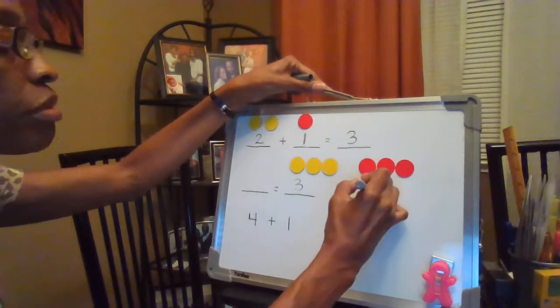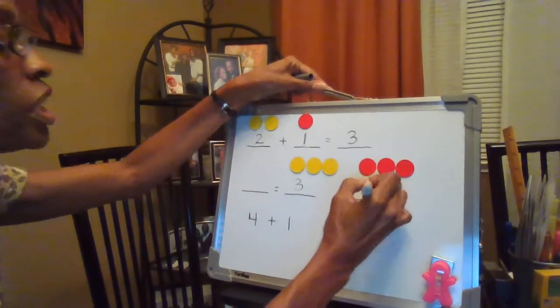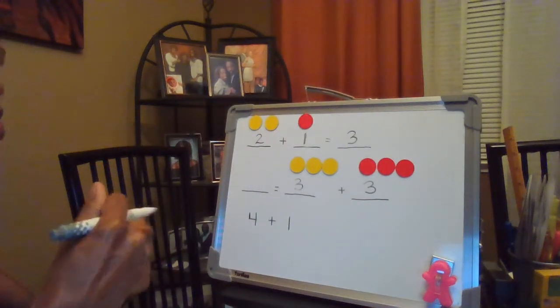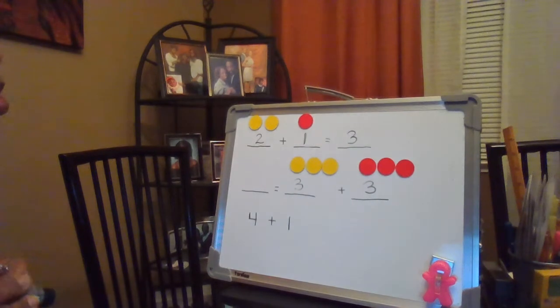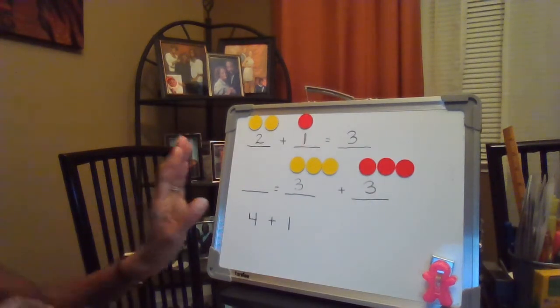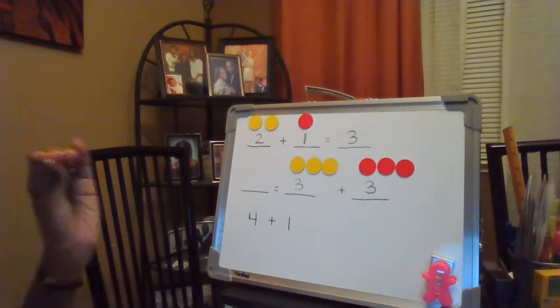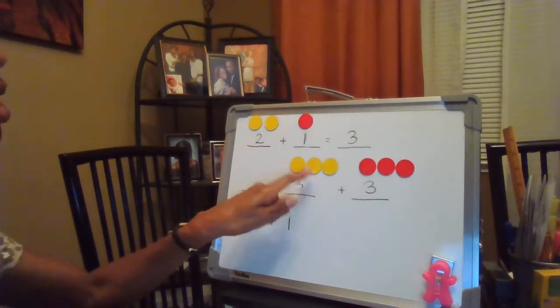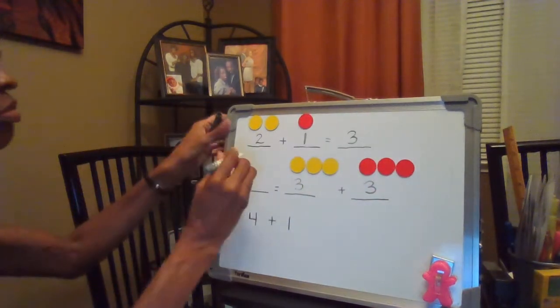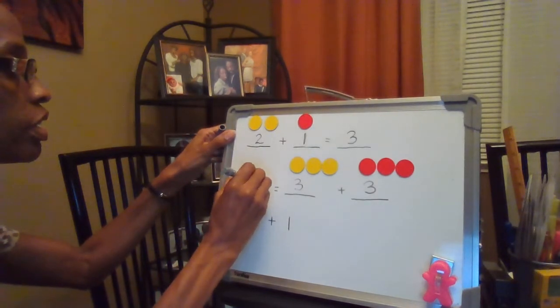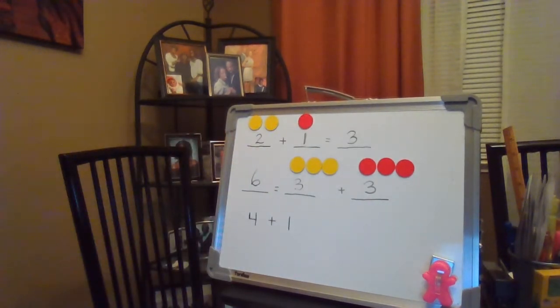So I write the number. Now I'm going to join the two groups together or add the two groups together and find out how many counters in all. 1, 2, 3, 4, 5, 6. I'll write the number.